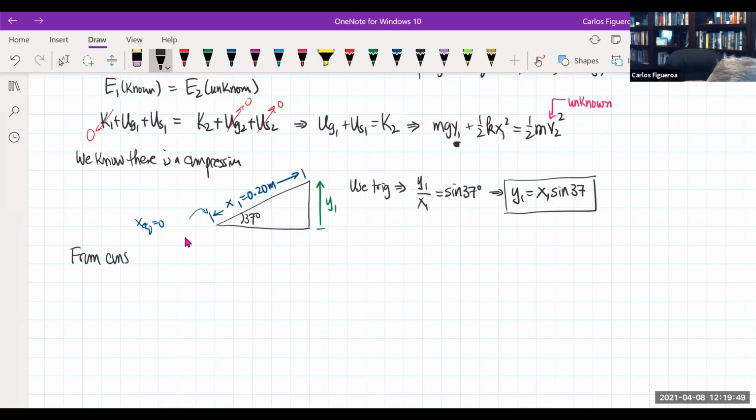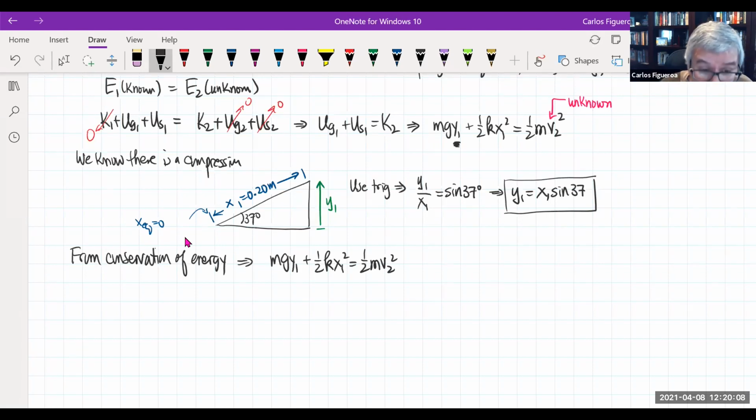From conservation of energy, what do I have here? I have mgy1 plus 1/2 k x1 squared equals 1/2 mv2 squared.